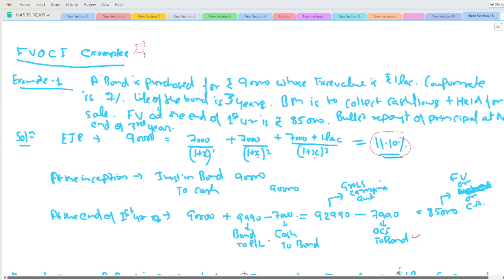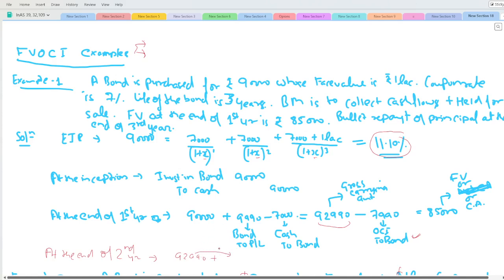And the second thing, at the end of the second year, you will be taking the opening balance. This one you will be taking, not this one. So at the end of the second year, you will be taking 92,990, and then you will do the same calculation.